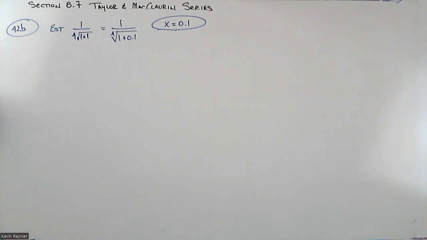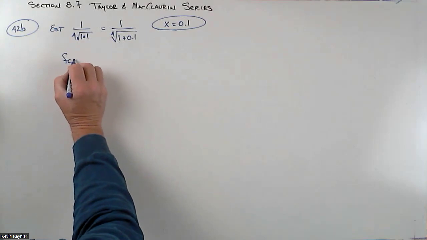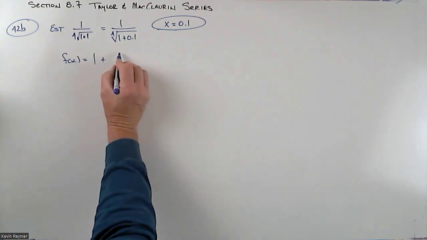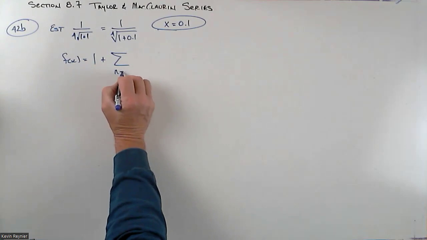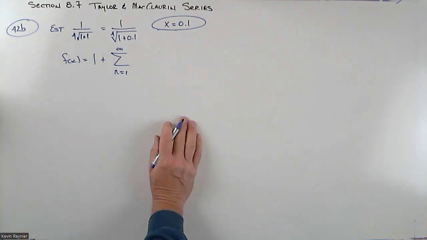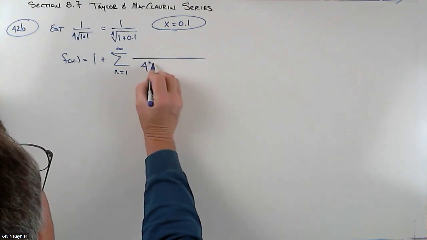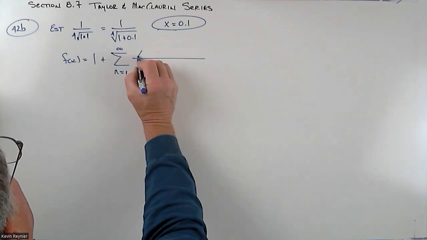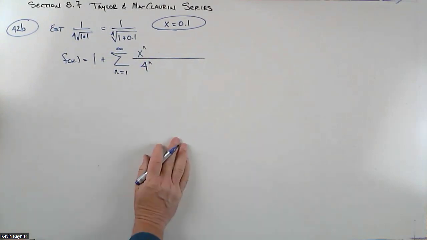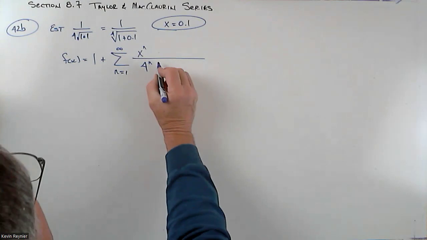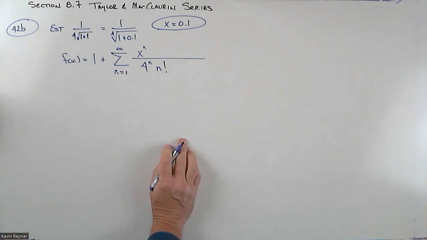Now, let's see if I can remember what our series was. That would be really nice if we can pull that out. It was 1 plus sigma. We did all that work to decide that was 1, right? And then we had 4 to the n down here. I remember that. We had x to the n up there. We had n factorial down there.